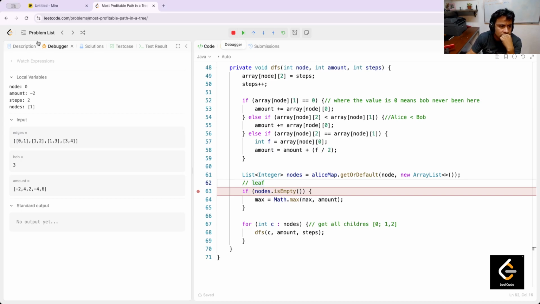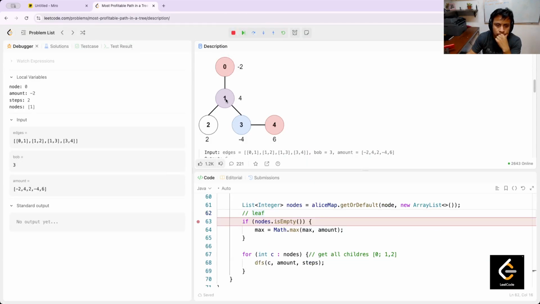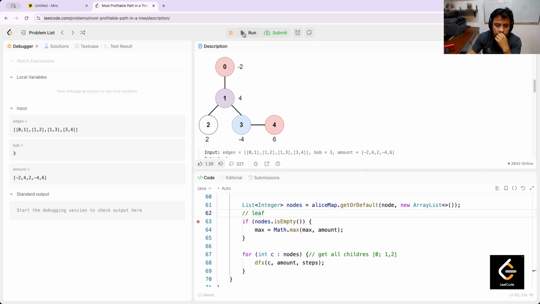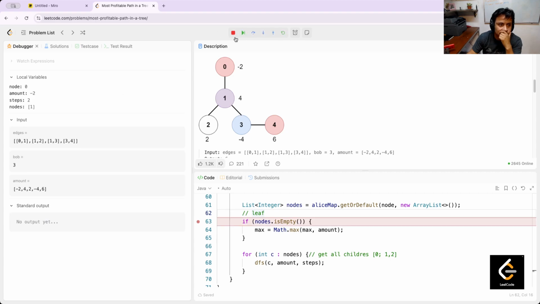Now node 1, okay, it means that I am here and this is the child. Perfect. Now it is 2 and 3, which means that I am here and this is the children. Now go to the 2, but it returns 0, is empty, and it's this.